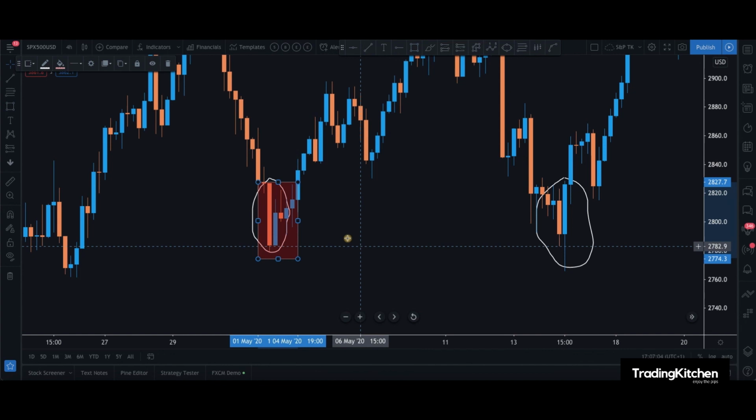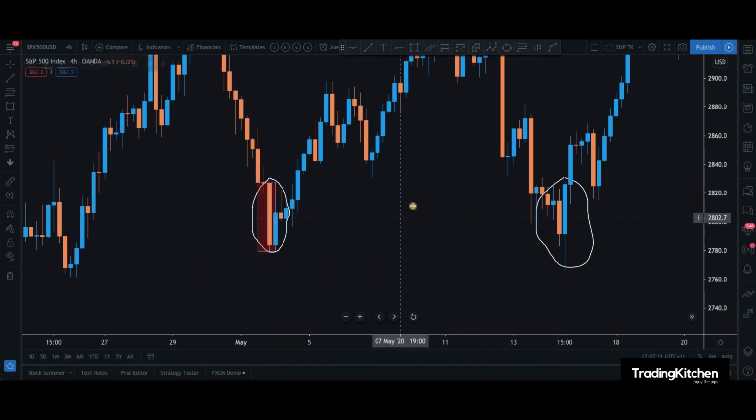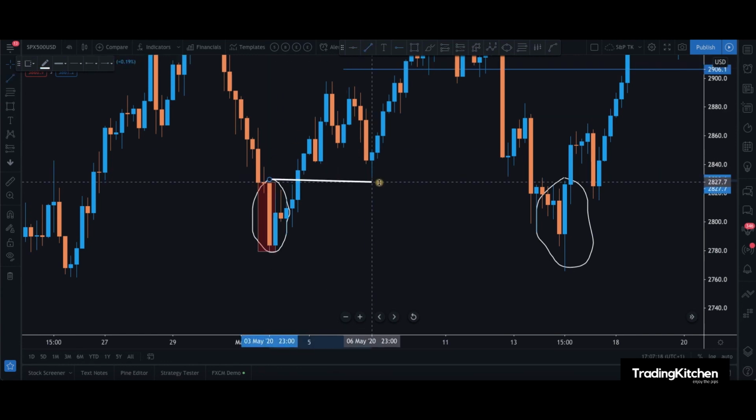So as you can see here, the high of the mother bar is higher, and the low is lower.